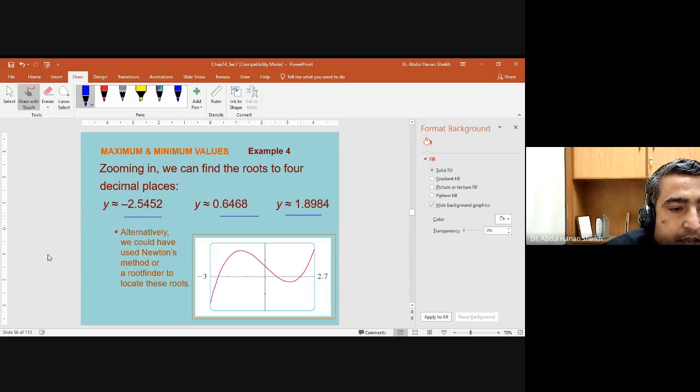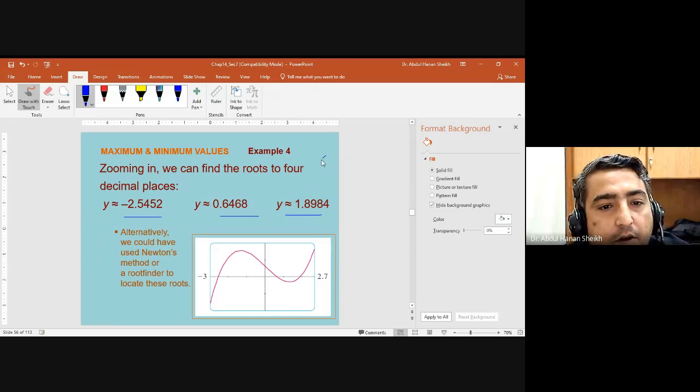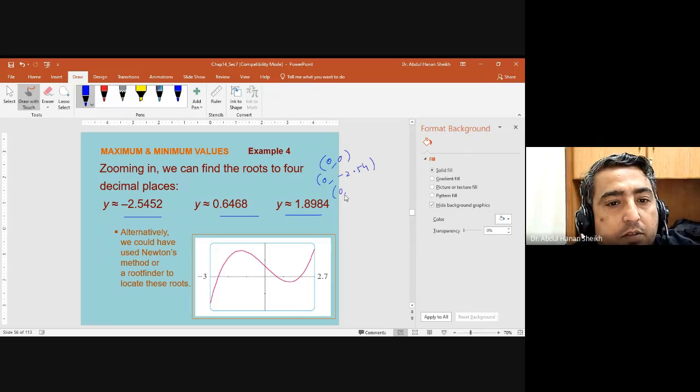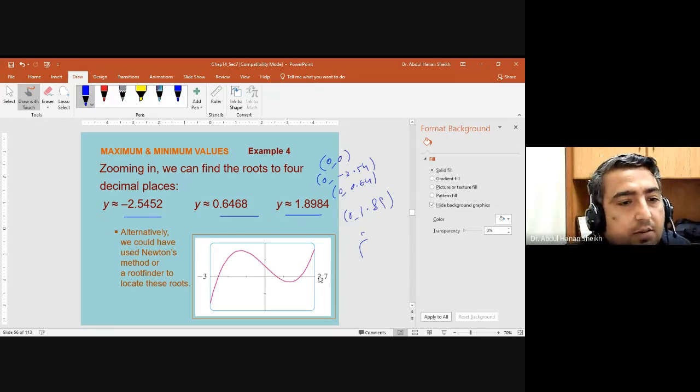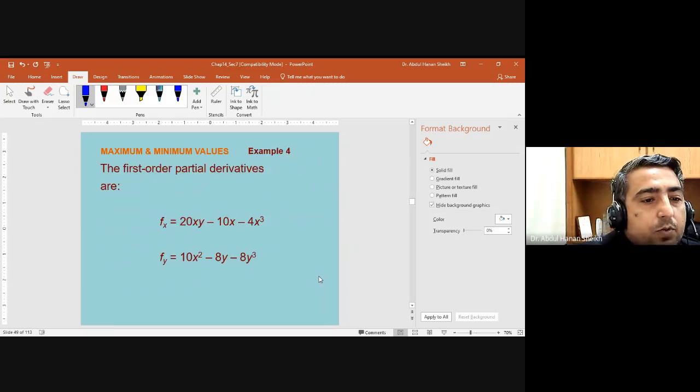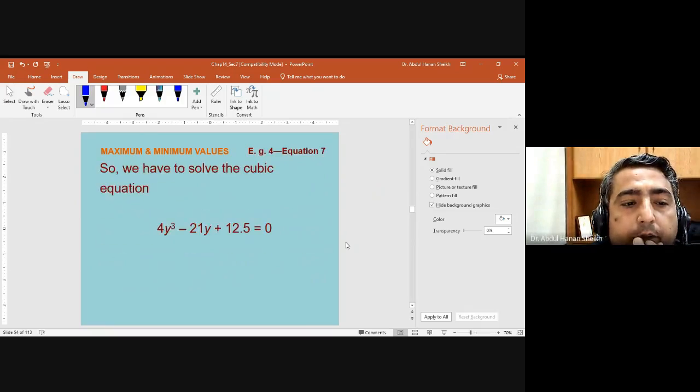So in the end, we basically have all these values: 0, 0, 0, minus 2.54, 0, 0.64, 0, 1.89. Okay, so all these 4 values are the critical points. Just solve these two equations, set both equations to 0, and then we get these 4 values.